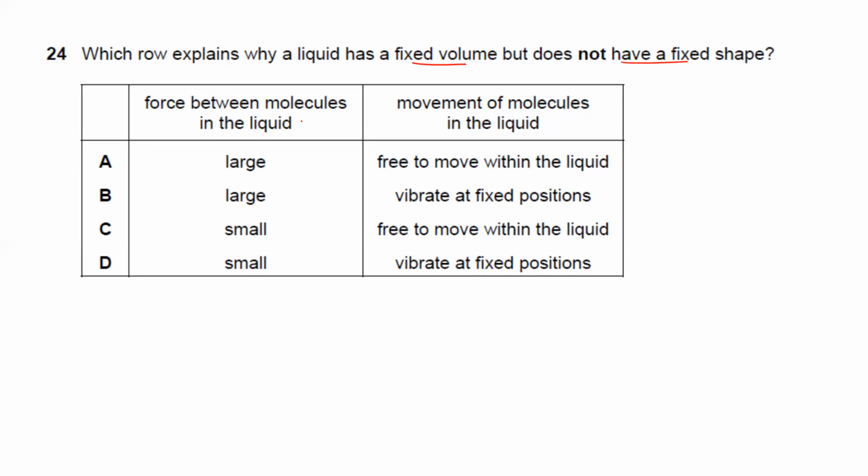So remember, solids and liquids have considerably large force between the molecules as compared to gases, and the movement of molecules. So in solids, the molecules vibrate about fixed positions, whereas in liquids, the molecules are free to move within the liquid, and that is the reason why they take the shape of the container in which they are poured.